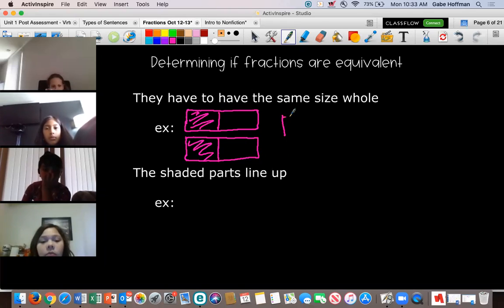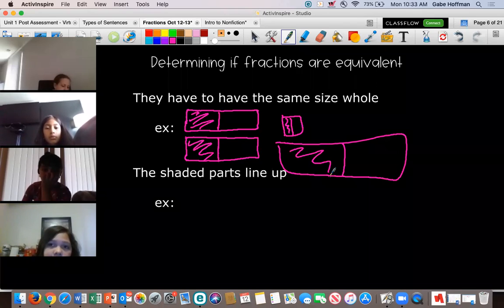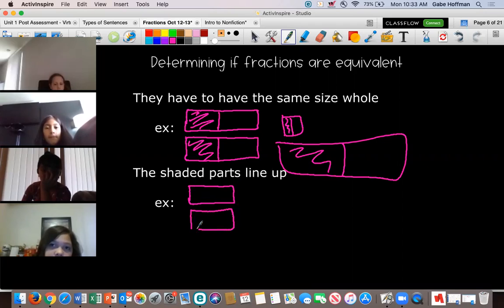I can't draw a 1/2 like this and then a 1/2 like this, right? We can't compare that. And then the shaded parts also have to line up. If we have the same size whole, but this one is shaded to here, and this one is shaded to here, those are not going to be equivalent because the shaded parts aren't lining up.